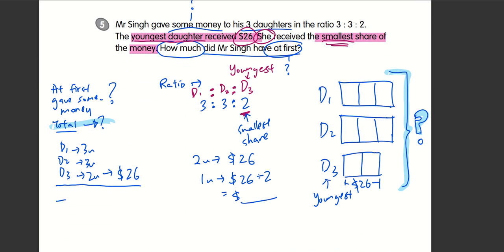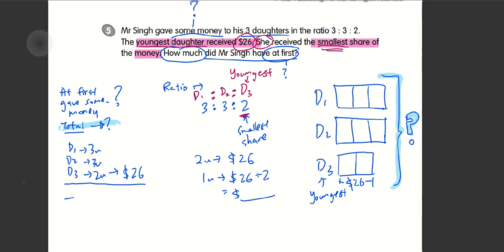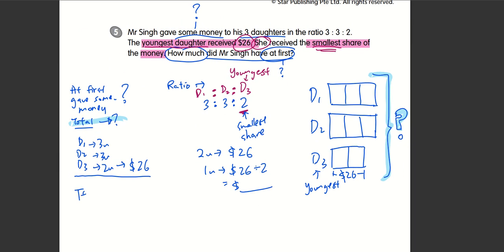Okay, the total equation, how do we find how much at first? The total will be all three daughters added together, 3 units plus 3 units plus 2 units, and that will give you 1, 2, 3, 4, 5, 6, 7, 8 units in total.